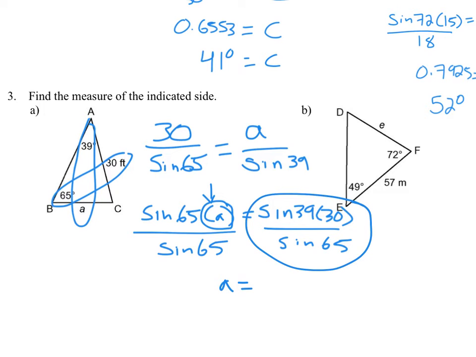So sine 65. Press equal. You should get an answer of 20.8 or 21. That's the side length, and that's the only way that you can do it. There's no other way of solving for it in these right angle or 90-degree triangles.